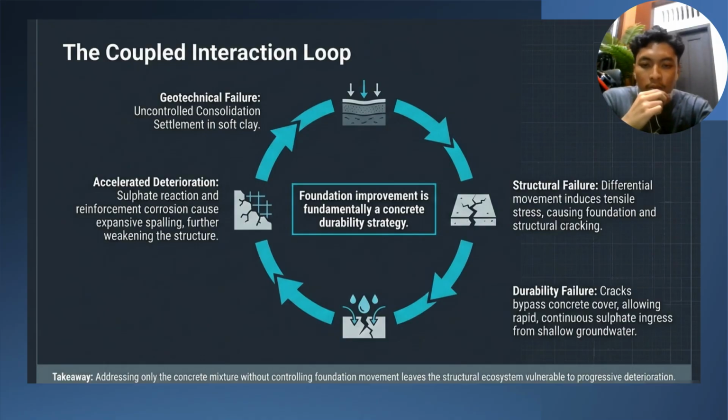The resulting sulfate attack and corrosion cause expansion and spalling, which further weaken the structure, leading to more movement. Our takeaway is clear. A stable foundation is useless if the concrete degrades, and durable concrete will eventually fail if the foundation cracks it.